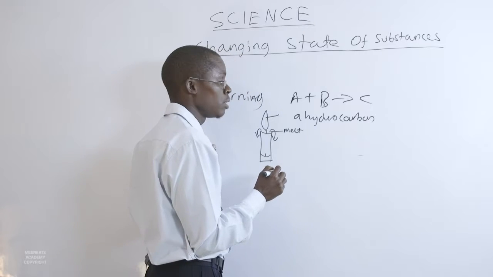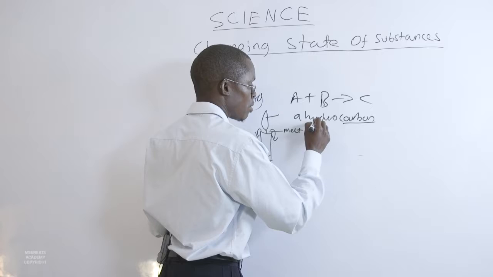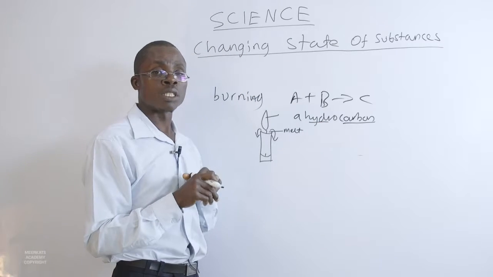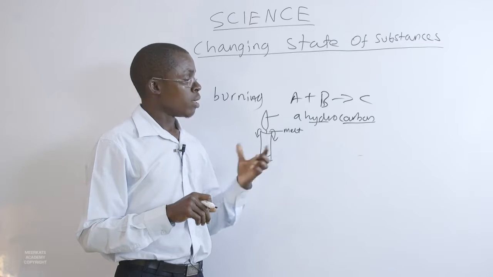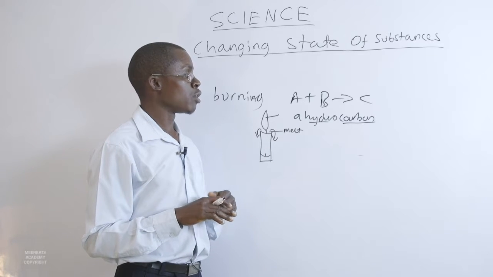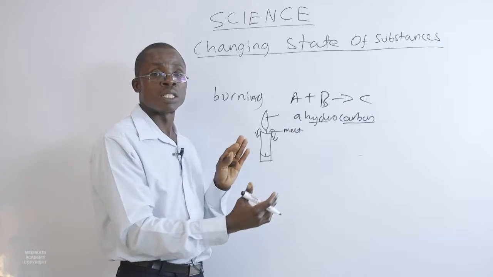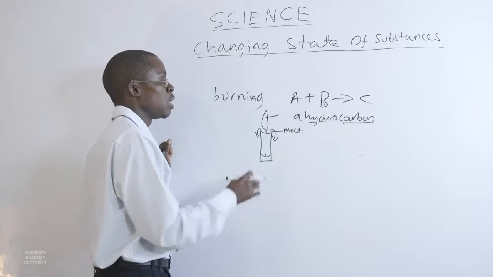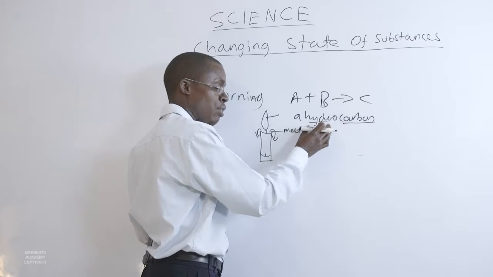This is a hydrocarbon, meaning a compound that contains carbon and hydrogen, something that we'll understand in more detail later, but we can only concentrate on the part we can manage at the moment, and that is to know that candle is a substance made of carbon and hydrogen.